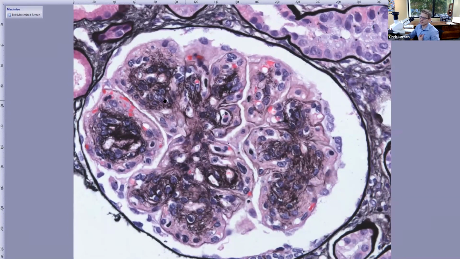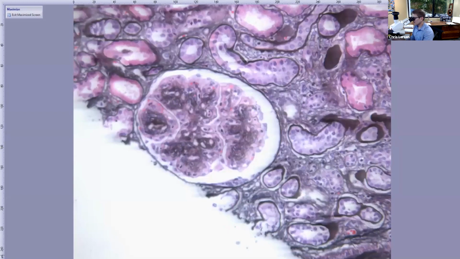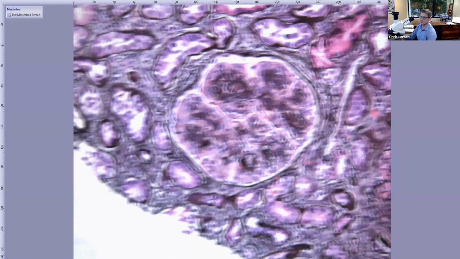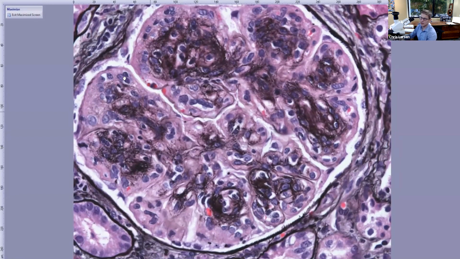Again, you see these mesangial regions highlighted, and the glomerular basement membranes have duplication as well. You can also appreciate that the endocapillary spaces are filled with cells. That's another common feature in an MPGN pattern, especially when it's a really active MPGN. So that's our light microscopy.